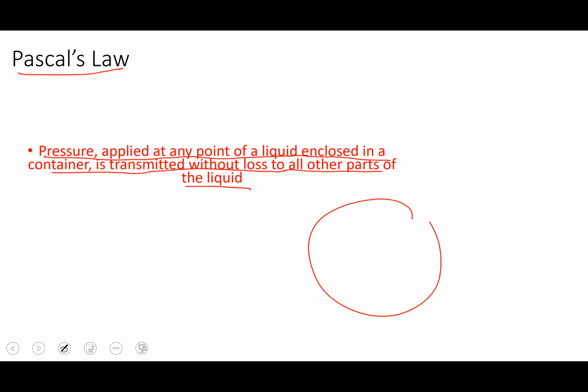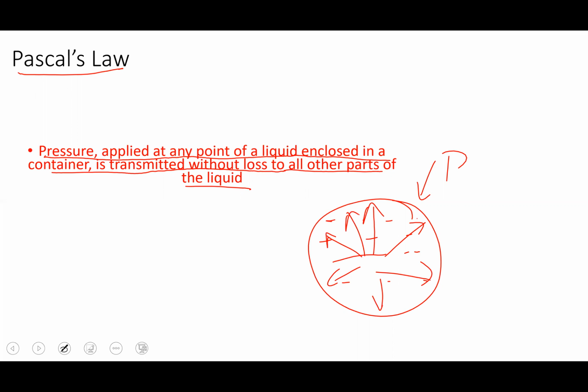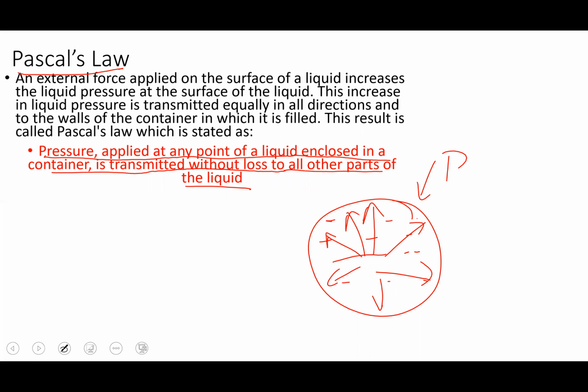Let's consider that there is a container and liquid is filled inside it. If a pressure is applied on this container, then the liquid will transmit that pressure equally to all the sides of the container. Now in this case, let us read about it. An external force applied on the surface of the liquid increases the liquid pressure at the surface of the liquid.